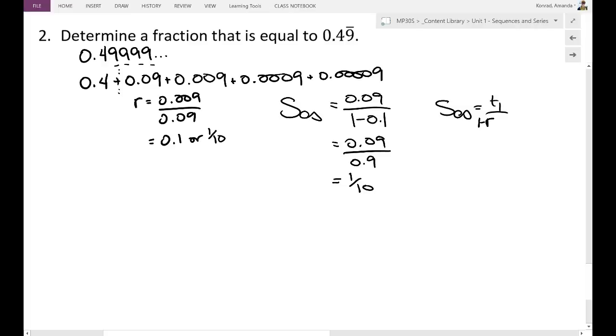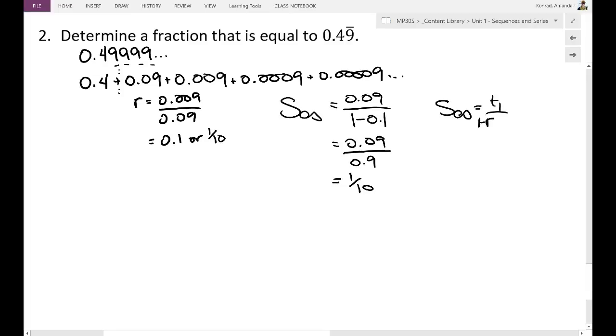So all of this piece, starting from 0.09 to 0.0009 and so forth, is all going to end up adding to 1/10, because I got 0.1 from my calculator again.